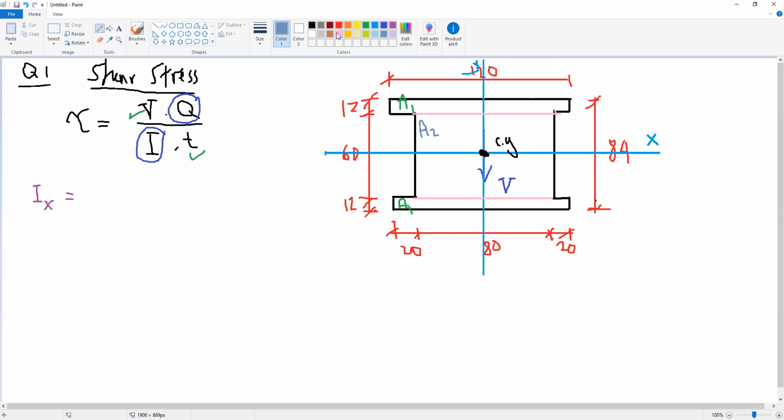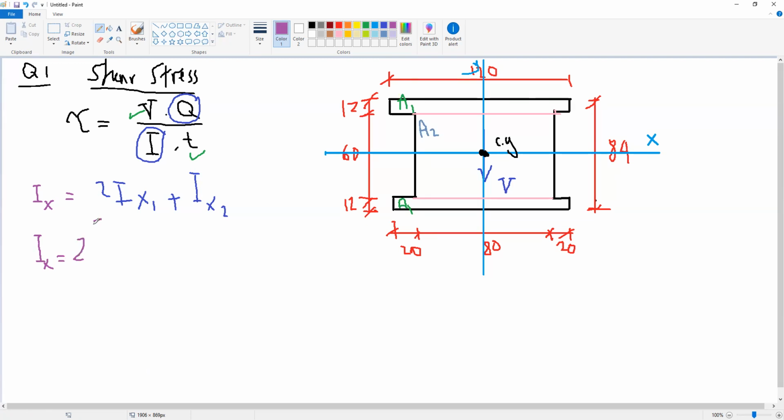So Ix will be the summation of 2Ix1 plus Ix2. So for Ix, it will be 2 from Ix1.